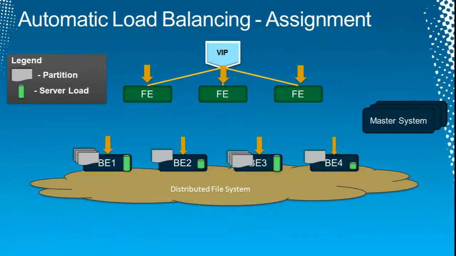There's a master system monitoring these backends which says, how are my servers doing? If there's a lot of load on a particular server, the master is going to detect it and say, I need to offload these partitions so as to reduce the load and load balance this traffic. And it reassigns those partitions, complete partitions, not partial partitions, to different servers.